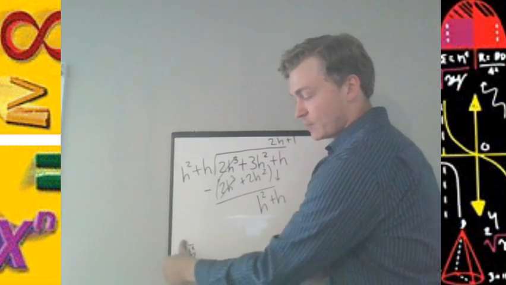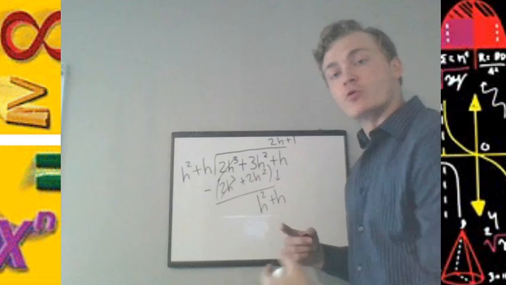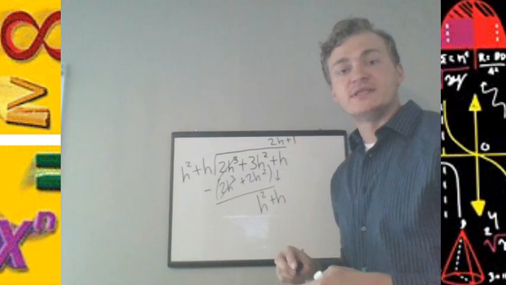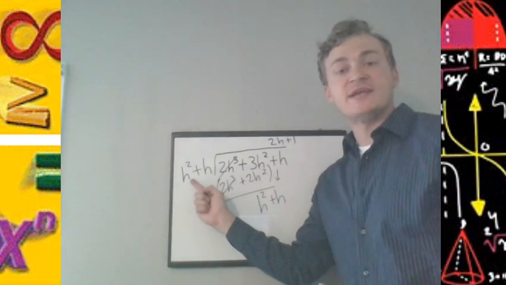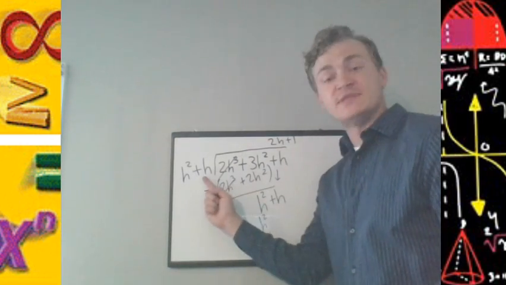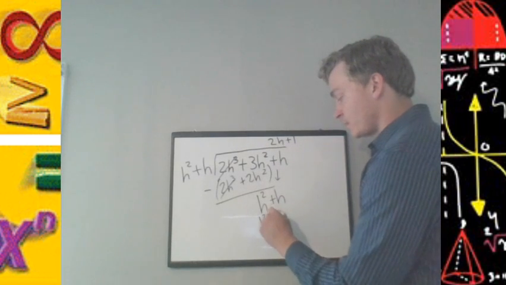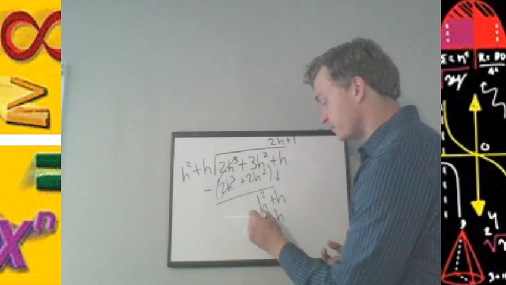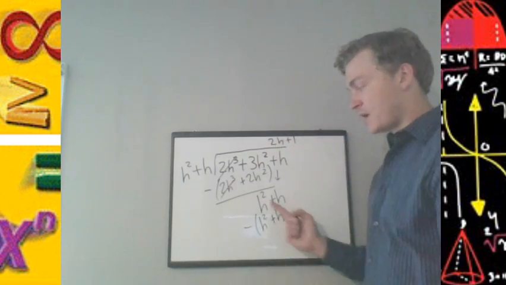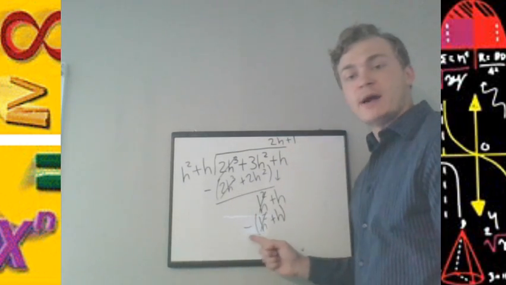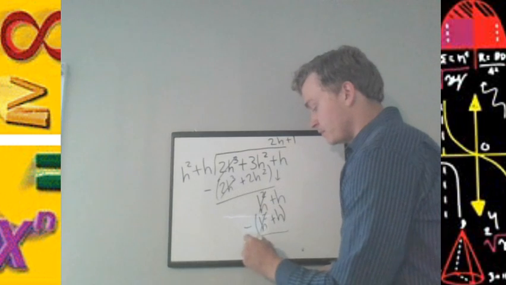So just to check and make sure that there is or is not a remainder, positive 1 multiply h squared plus h. 1 times h squared is h squared. 1 times h, that's a positive h. Division is repeated subtraction, so we subtract to see if there's a remainder. h squared minus h squared is 0. h minus h is 0.